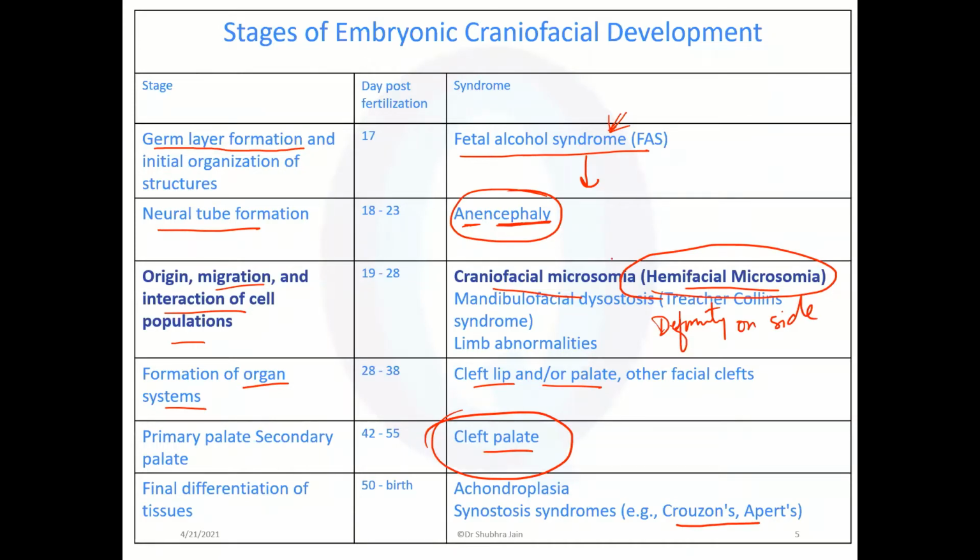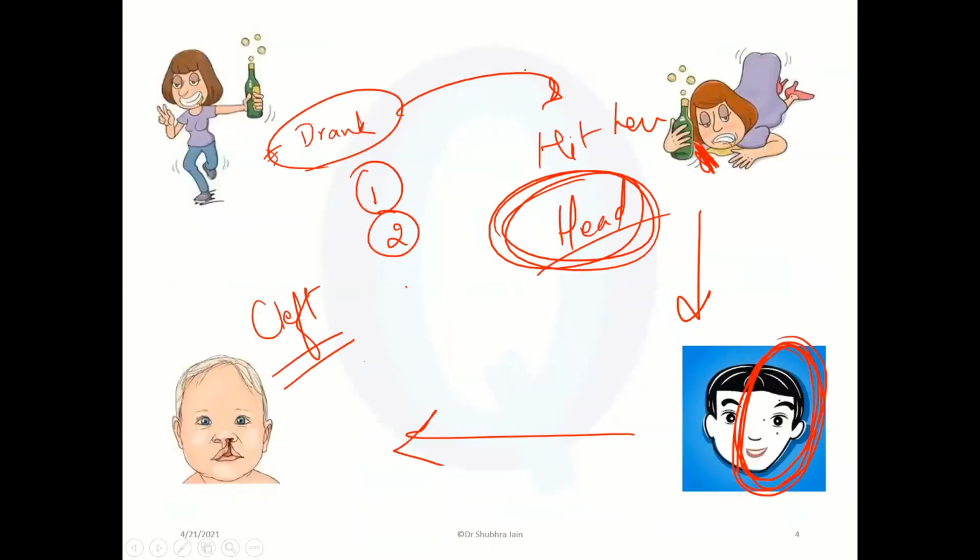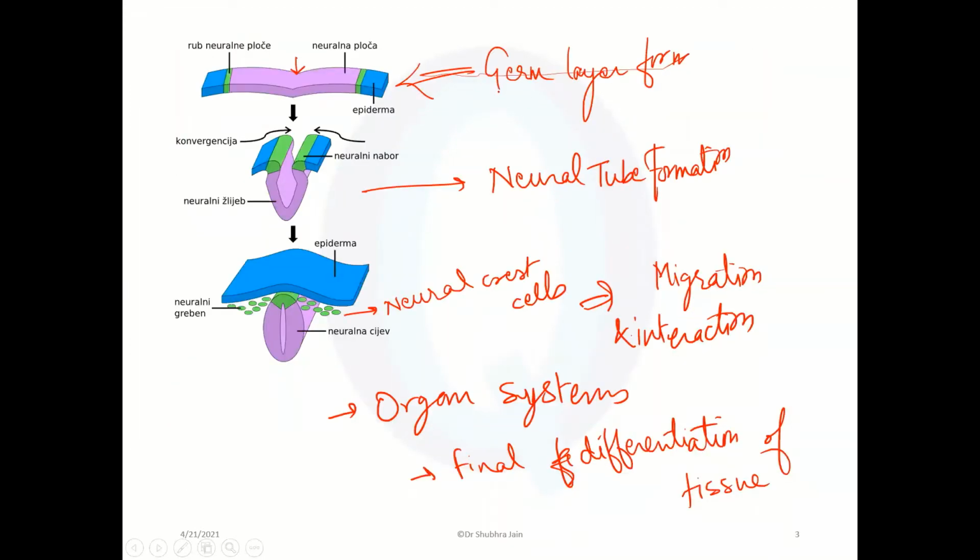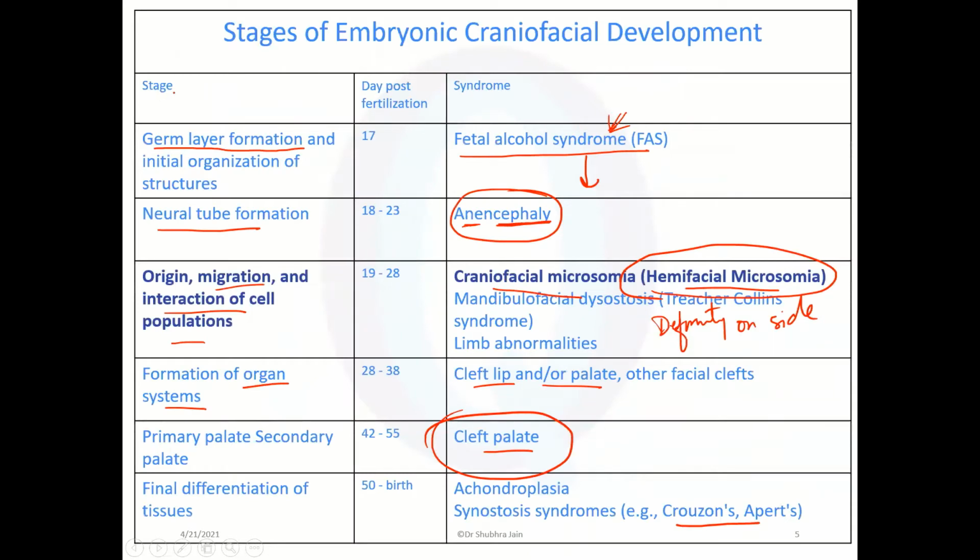Germ layer formation. You just need to remember the steps. These are the stages. The stages you need to remember, because the questions are going to be asked in which stage a specific problem occurs. That you need to see. It is present in profit, so you don't need to worry much, because in profit everything is given.